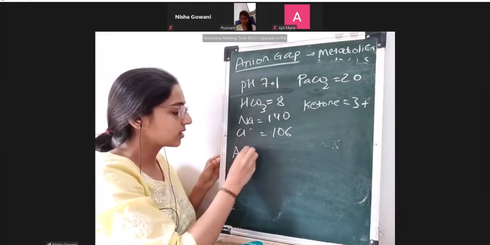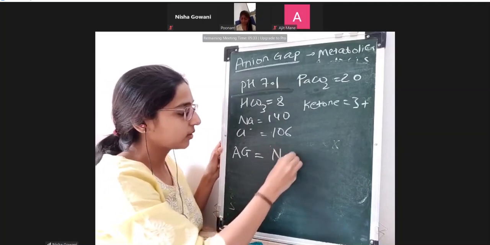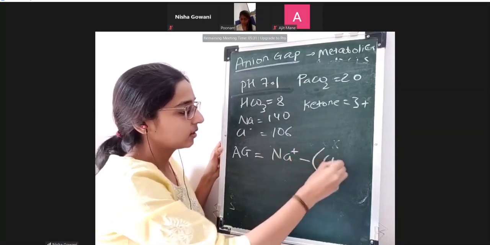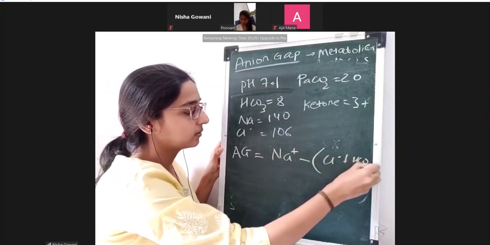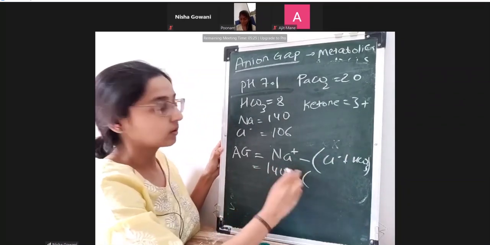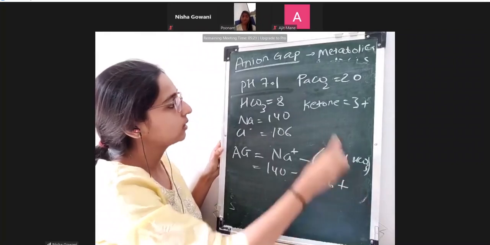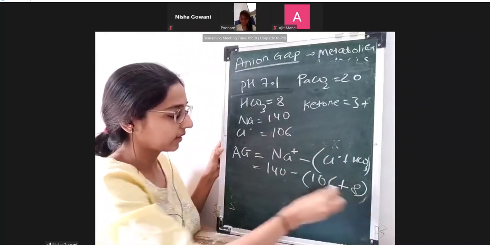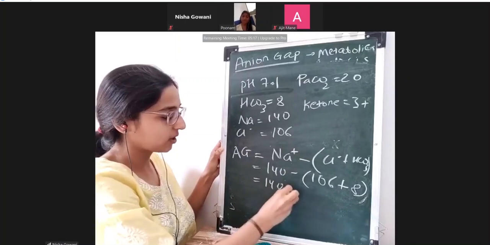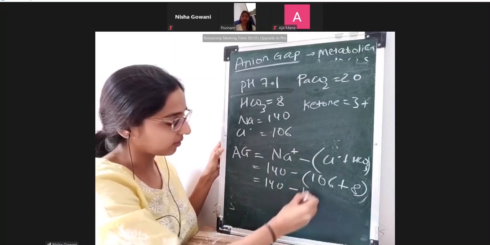Okay, so how much is the anion gap? What will be the formula over here? We know it is sodium minus chloride plus bicarb. So sodium is how much? 140. Chloride and bicarb total is what? 106 plus how much is bicarb? 8. Correct? So this is 140 minus 114.